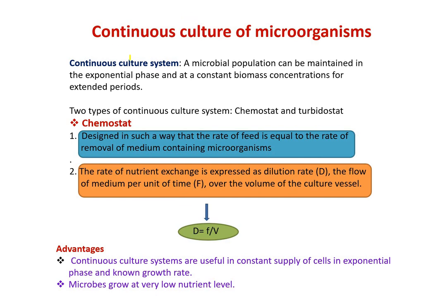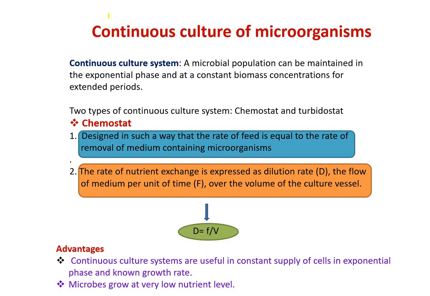So a continuous culture system is a microbial population that can be maintained in the exponential phase and at a constant biomass concentration for extended periods. Here we can see that the number of cells formed is equal to the number of cells removed.